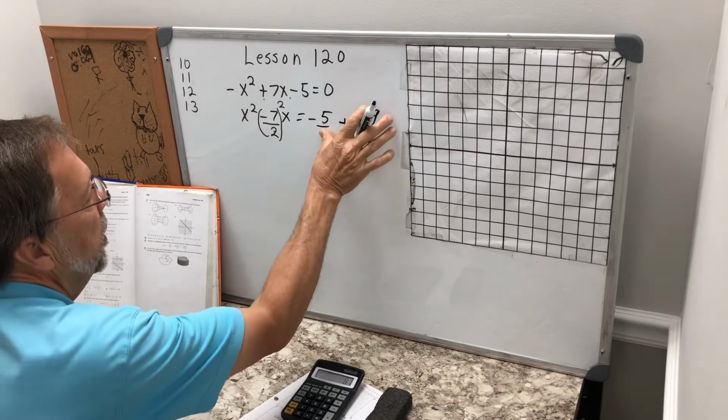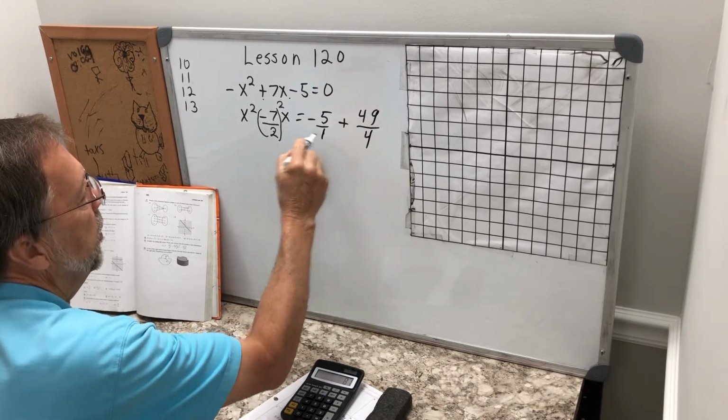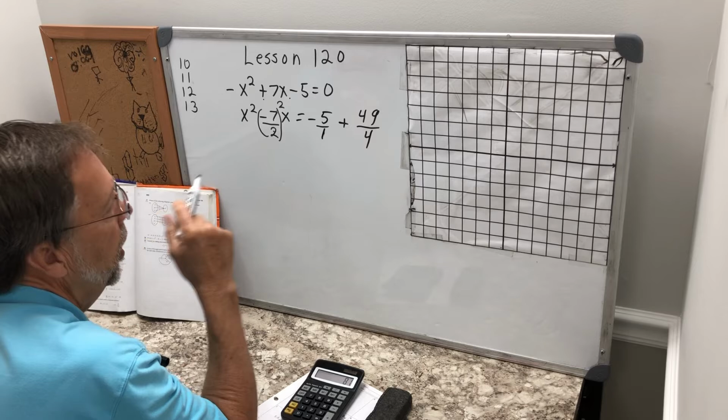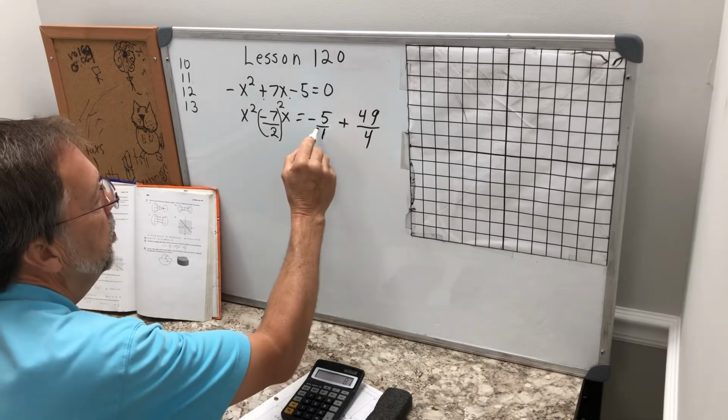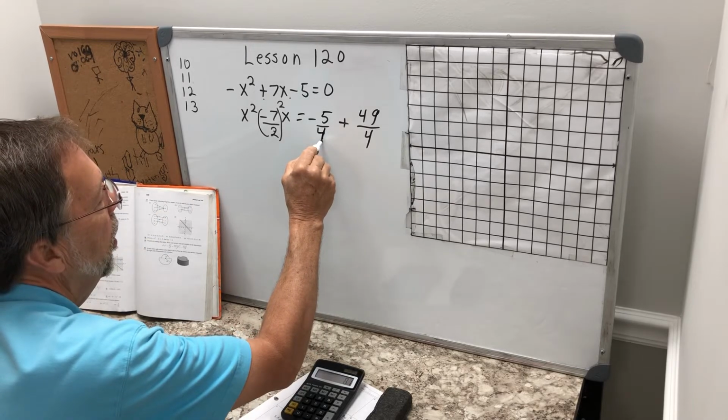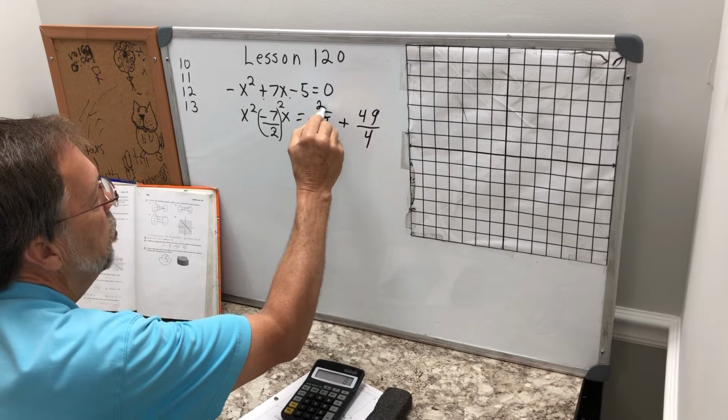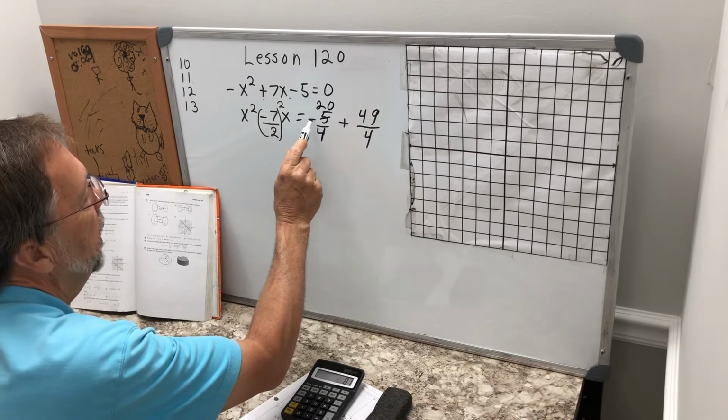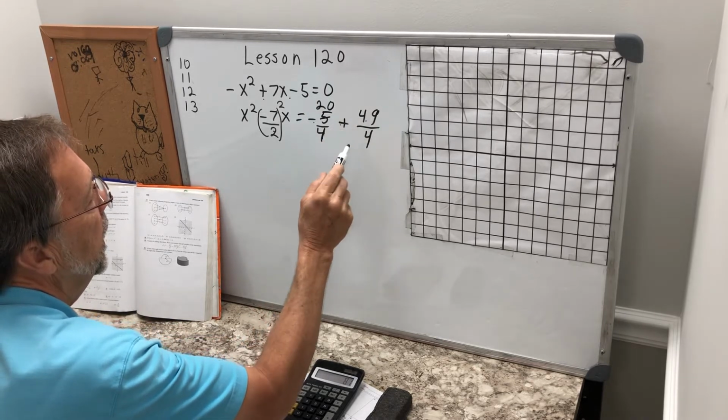I just put this denominator here. Now we got to get a common denominator, which is 1 and 4 is going to be a 4. That changes this to a 20. So now I have a -20 plus a 49.